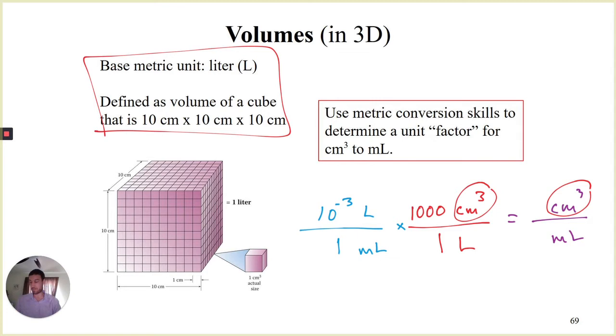If we punch it in the calculator, we're going to get a surprisingly simple and rather silly sounding answer. 1. What does that mean? Well, that means that 1 centimeter cubed is 1 milliliter. They're actually the same thing. A single 1 centimeter cubed block is a milliliter.